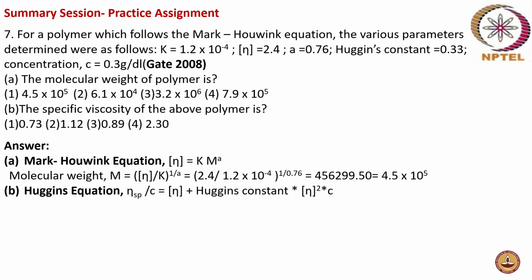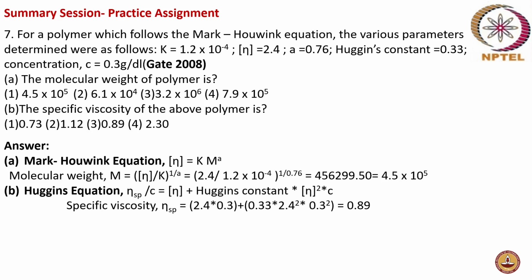You have the value of concentration, which is given as 0.3 gram per deciliter. Your Huggins constant is also given as 0.33, and you also have the value of viscosity, which is 2.4. So specific viscosity you can find out.